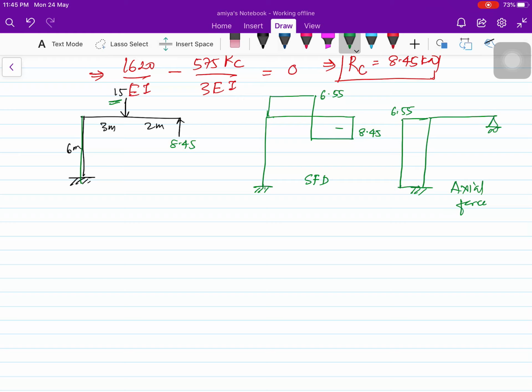Then if you are going to draw the bending moment diagram, that also we can draw.